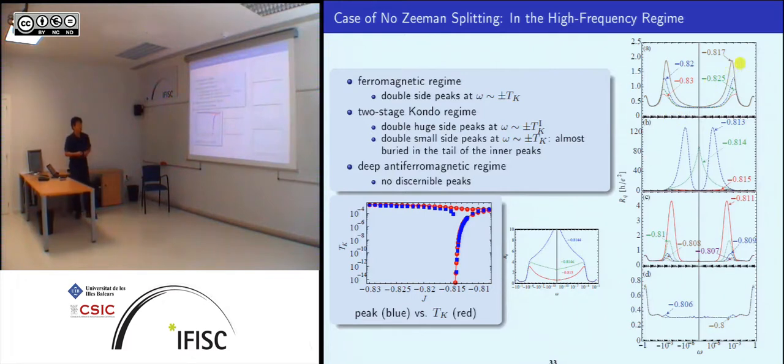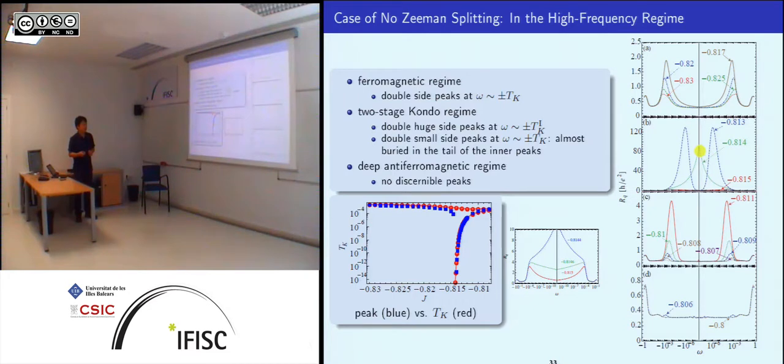But in the high frequency regime, we have the peak structure again. The first figure corresponds to the ferromagnetic regime. So here we have the underscreened Kondo effect. And we found that the peak position is equal to the Kondo temperature. And these two figures correspond to the two-stage Kondo regime. Actually, here we have two peaks again.